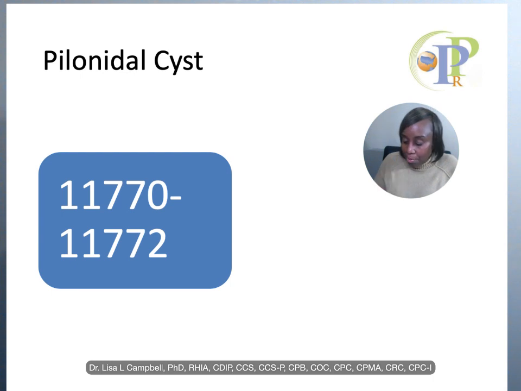Immediately after that, on page 101, we have pilonidal cyst. Remember I said to remember that? That was important because on page 101, these are codes for the excision of the pilonidal cyst. The previous codes were for the incision and drainage. This is for the excision as opposed to incision.